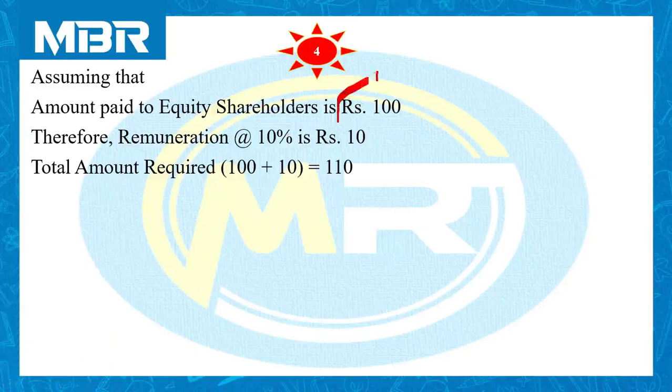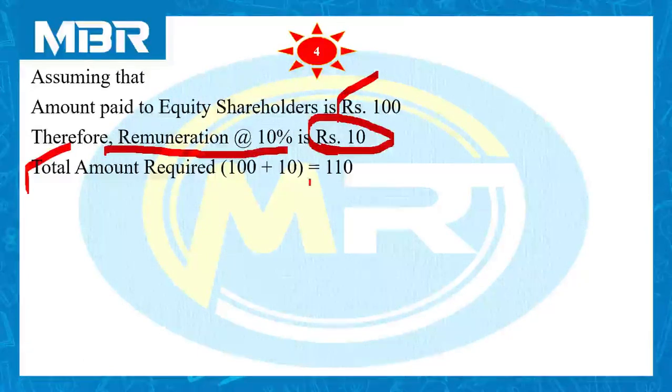So on the 100 rupees of payment to the equity shareholders, we have to pay remuneration at the rate of 10%, and the amount of remuneration is rupees 10. It means that the liquidator needs a total of 110 rupees: 100 rupees for the payment to the equity shareholders and 10 rupees for the payment of remuneration. So the total amount required is 110.